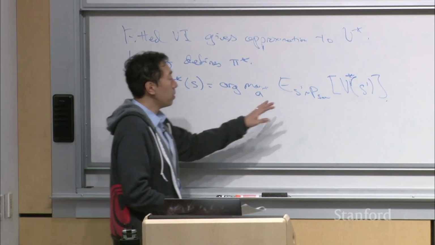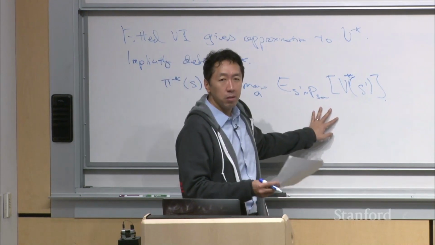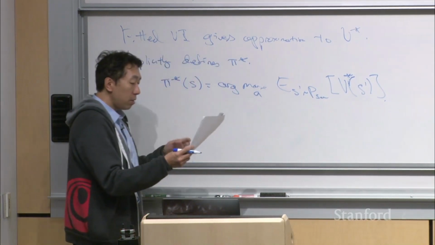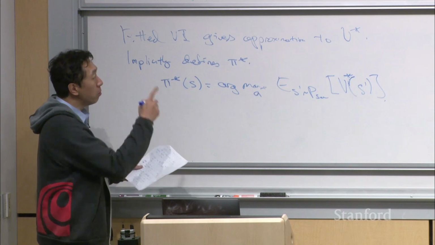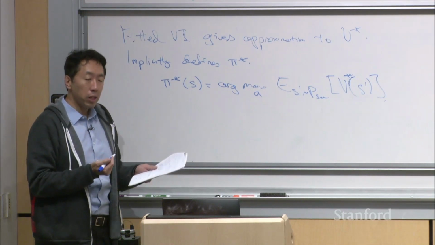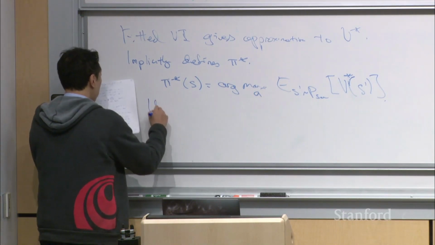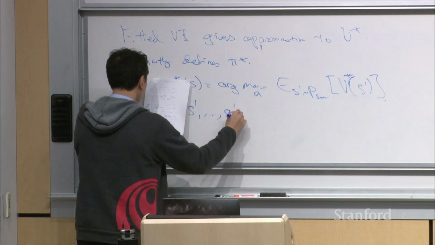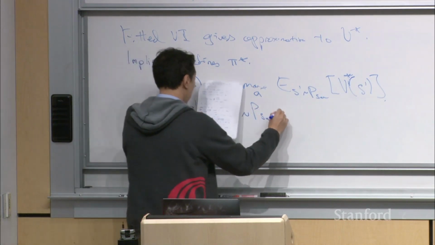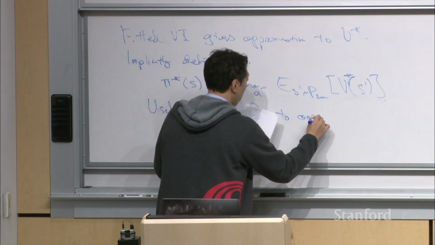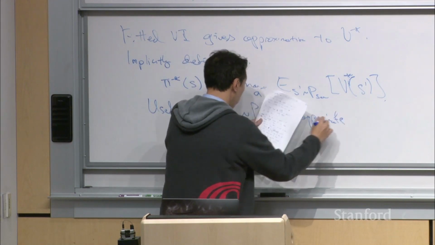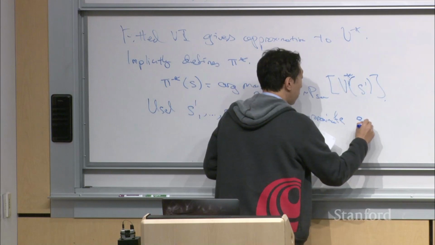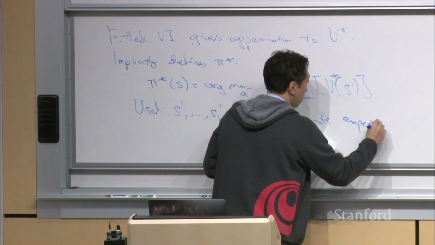But how do you compute this expectation and this maximization 10 times per second? In fitted value iteration, we used k examples to approximate the expectation.